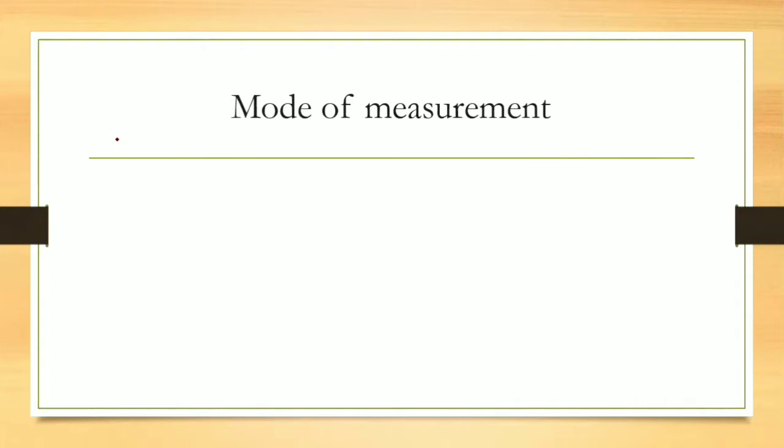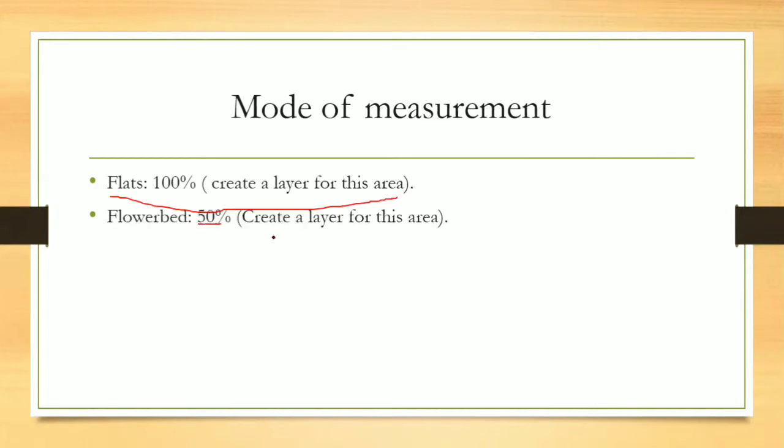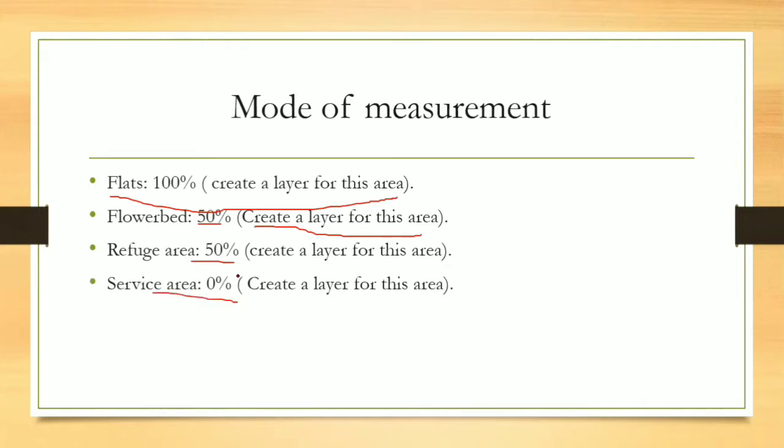Now, what is mode of measurement? We are going to see in this example, first we will take flats as 100% and we'll create a different layer for this. Flower bed will be 50% and we will again create a different layer for this, as I have initially told. Refuge area will also be considered as 50%. Service area is 0% in my example.